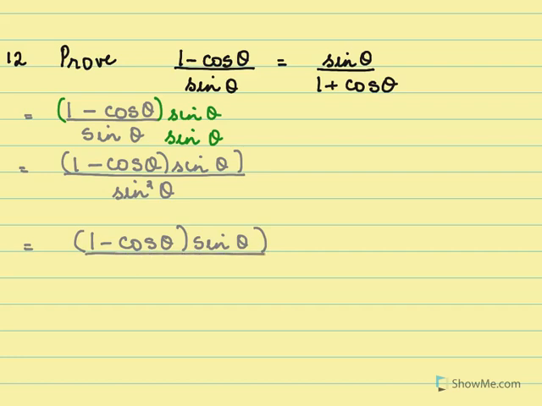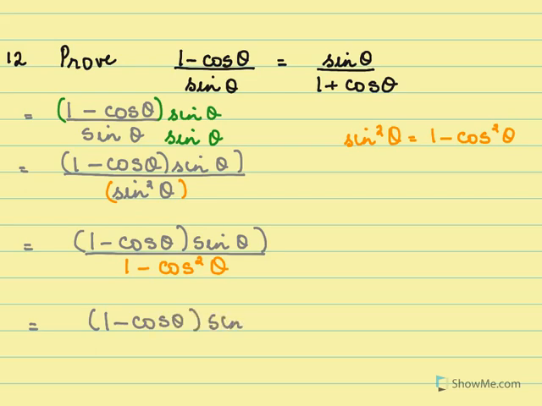Now for sine square, you know sine square theta equals 1 minus cos square theta. So for this sine square, I'm going to put 1 minus cos square theta. So this is equal to 1 minus cos theta, and this is sine theta.